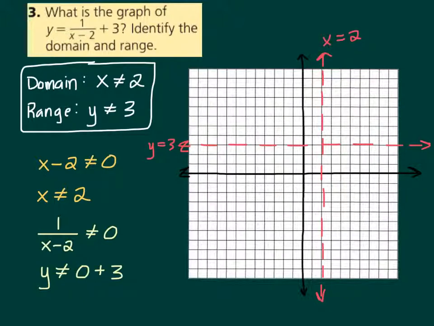If I plug in 3, I get out 4. If I plug in 4, I get 3.5, so that's going to go right here. What if I plug in 2.5? 2.5 gives me 5. Right there.